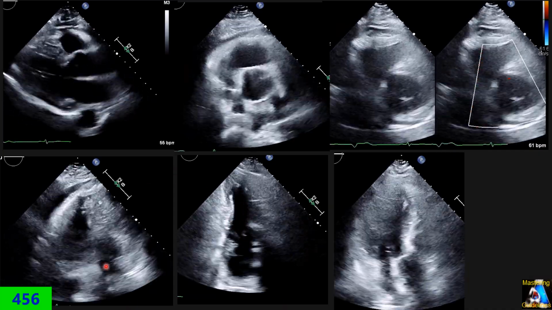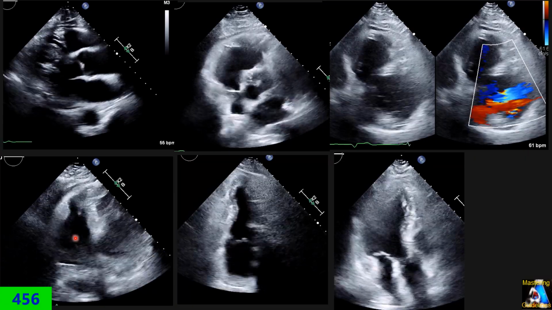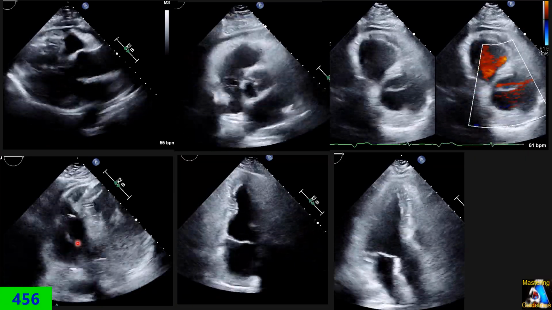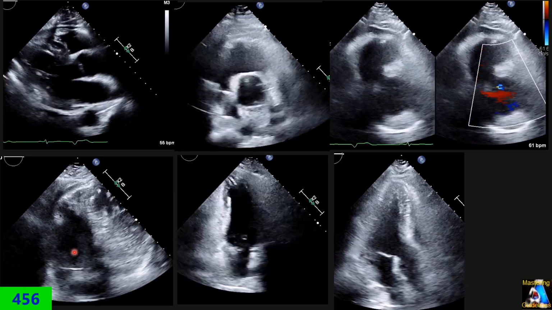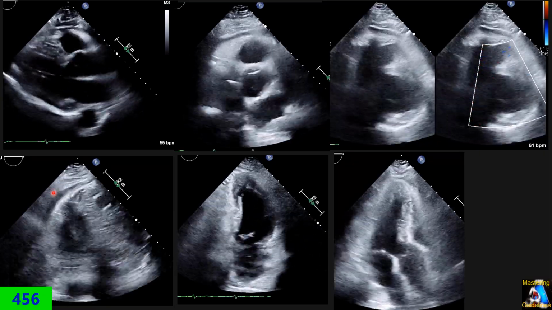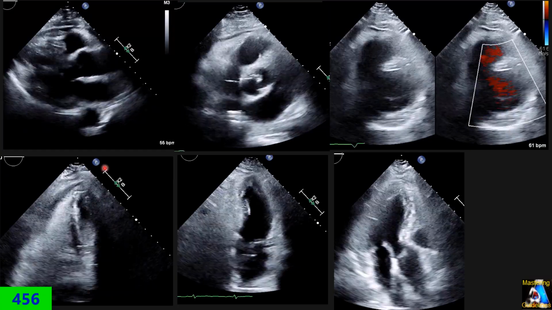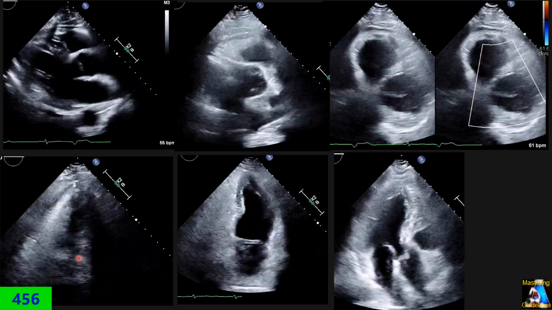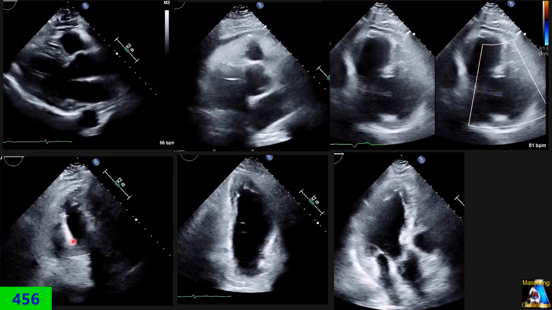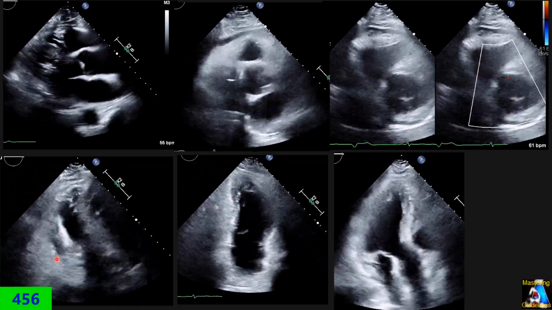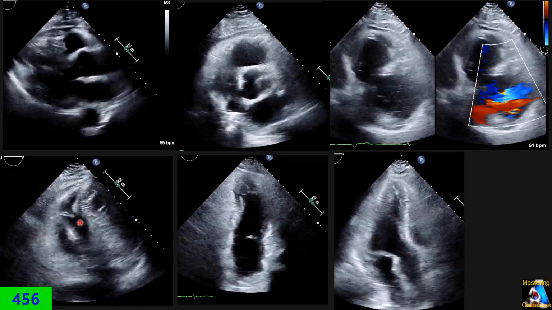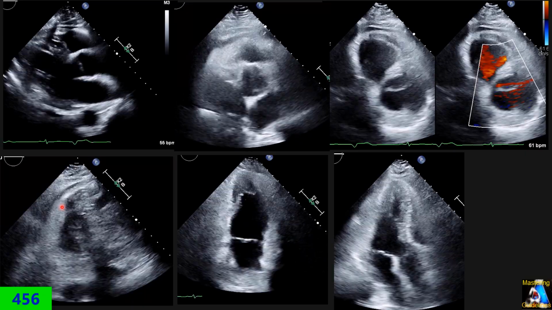On this view, there are three important findings that make us suspicious that something is going on. First of all, we can see the pericardial effusion better, here a pocket of pericardial effusion. Second, as you can see, the wire or electrode, instead of being directed toward the septum, is directed to the free wall.